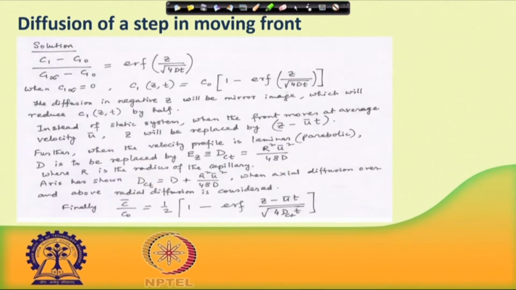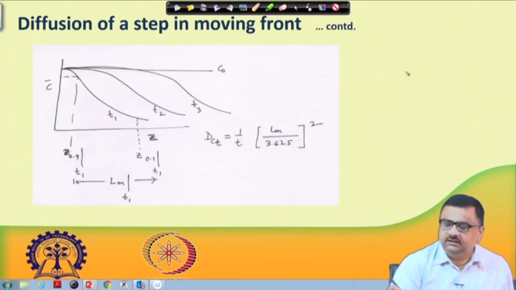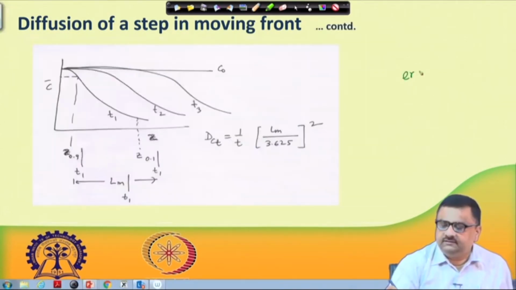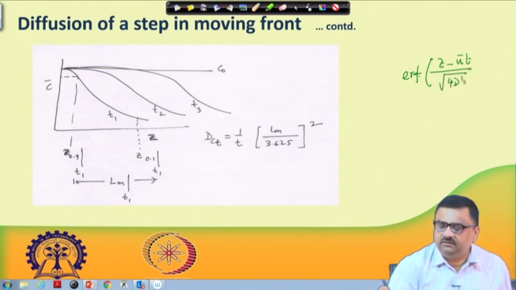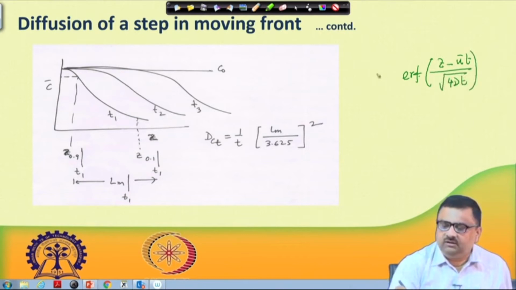We had this error function of z minus u bar t divided by square root of 4 Dt, 1 minus this, times C0 by 2, that is equal to C bar.